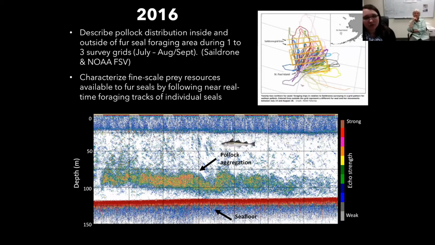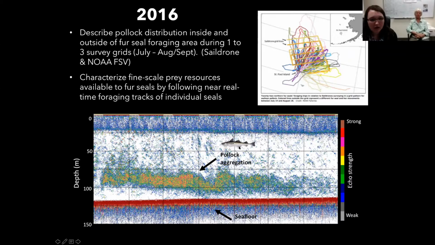So here I'll just show the fur seal and pollock project, the results from last year's deployment in 2016. So up here in the upper right, the Saildrone track, there were two Saildrones, are shown in the gridded area, kind of like this. And then the individual satellite tags for fur seals are shown in the colored lines in the back. So we drove the Saildrone over the top of these fur seal tracks in order to better understand what their prey looked like.